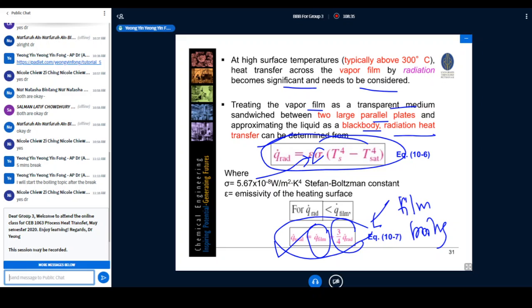And then let's say the boiling falls under nucleate boiling. You need to use what equation? Q max, Q min, you only need to refer to one temperature for getting all those properties, which is T saturation.